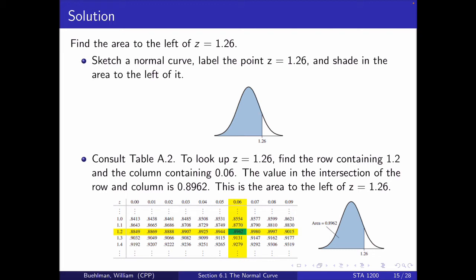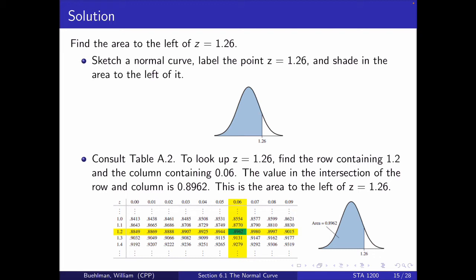So now we have to consult the table. We look at Table A2 and we look for z equaling 1.26. We find the row that's 1.2, which is highlighted over here, and then we match up the column 0.6, which is also highlighted, and find where that row and that column intersect, which is the value 0.8962.